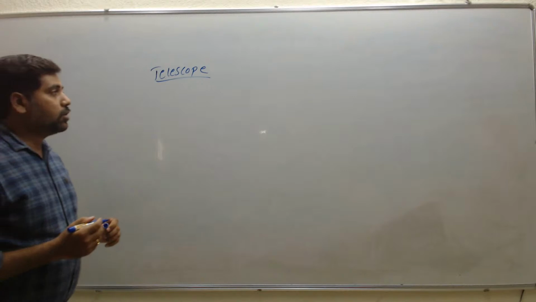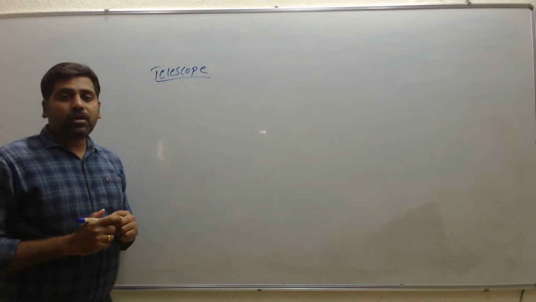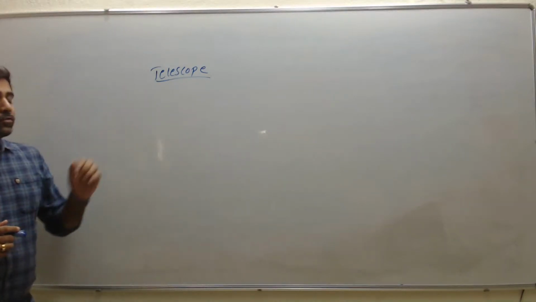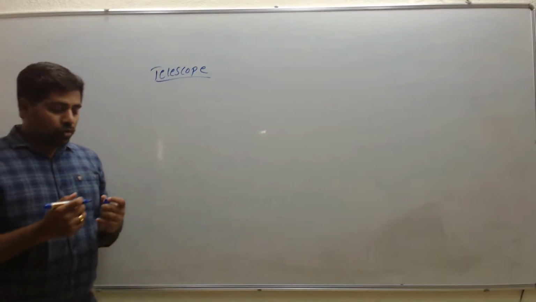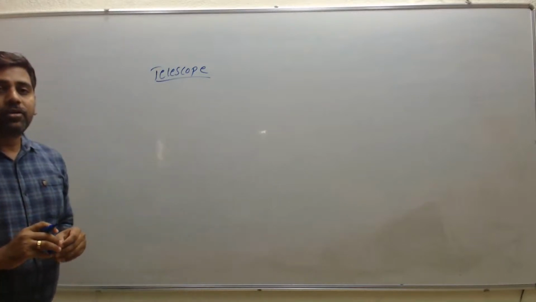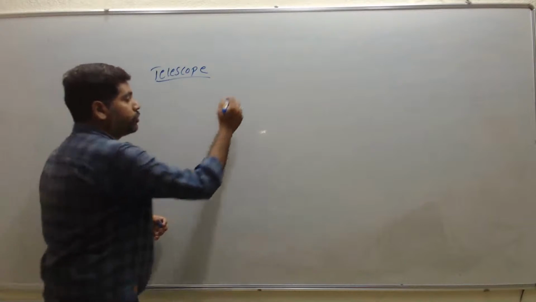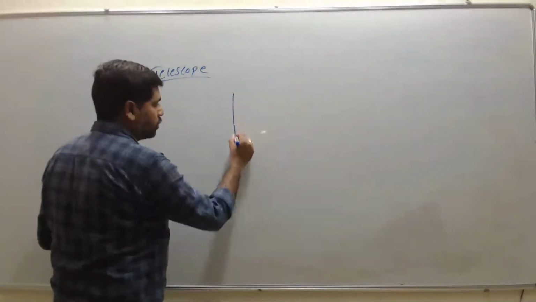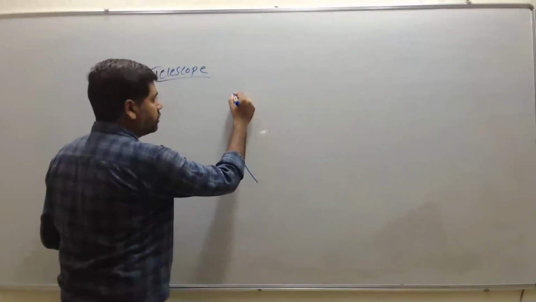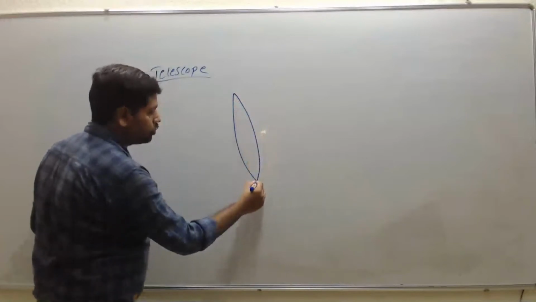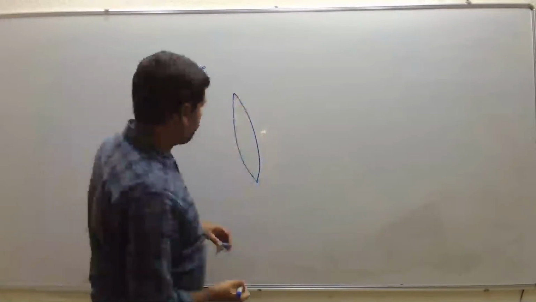Next, construction of the telescope. Similar to the compound microscope, in the telescope also we use two lenses. One is the objective lens of focal length f(O).